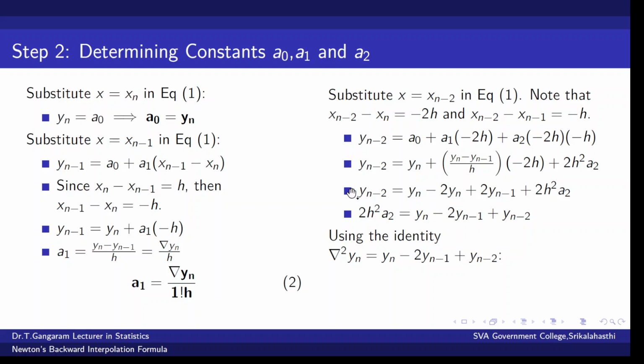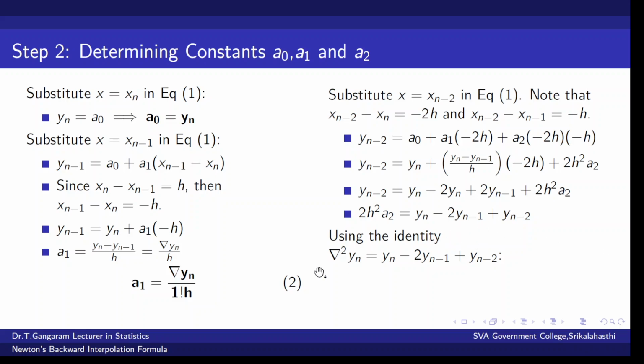We are multiplying with minus 1, so this minus comes to the left hand side and the yn minus 2yn minus 1 plus yn minus 2 comes into the right hand side. So the simplification is this.